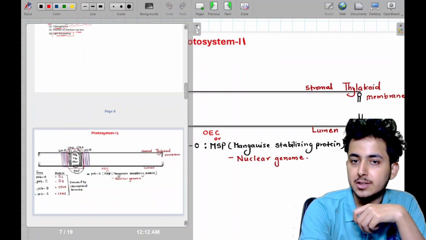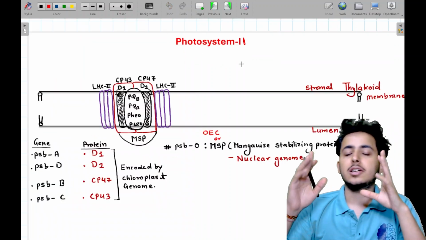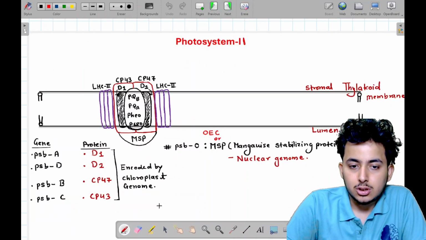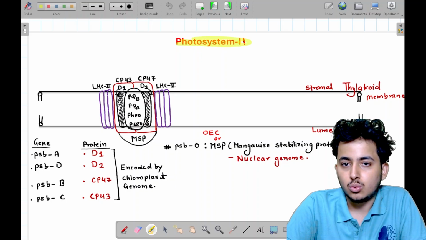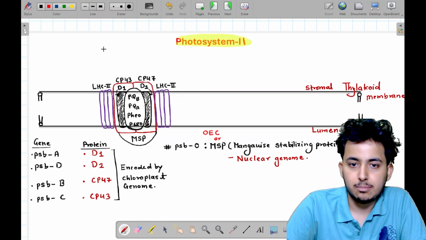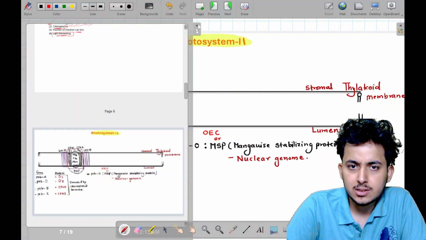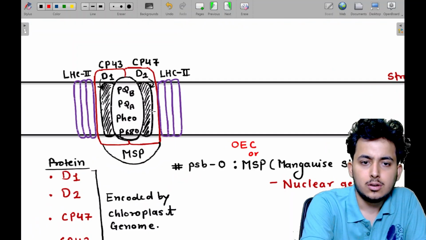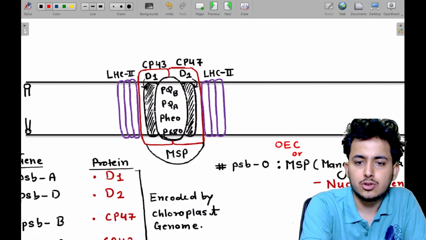Now since you are able to understand this much, let's go into the structure of photosystem 2 in detail. Let's see what the different components are. Let me focus only on the structure for now.